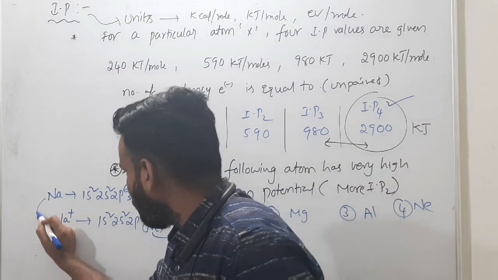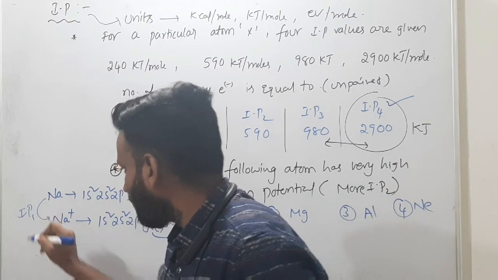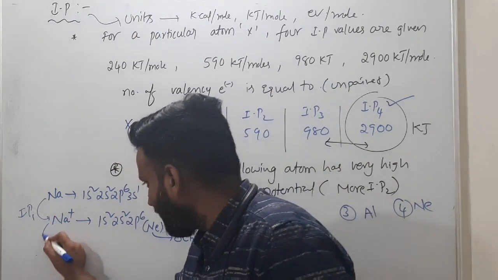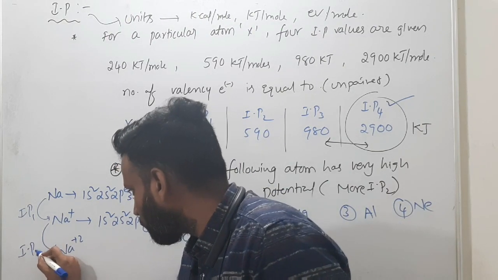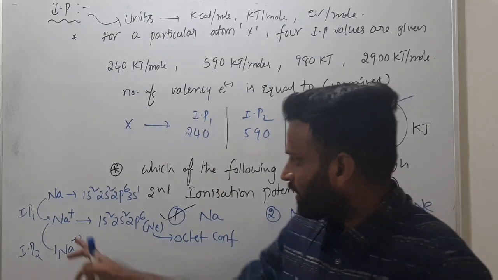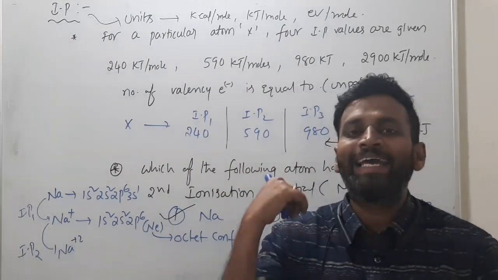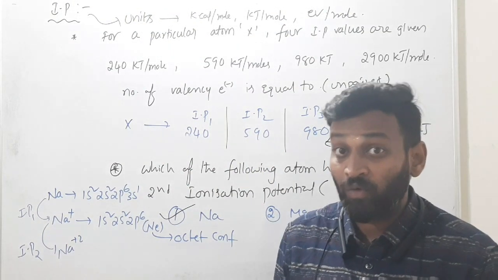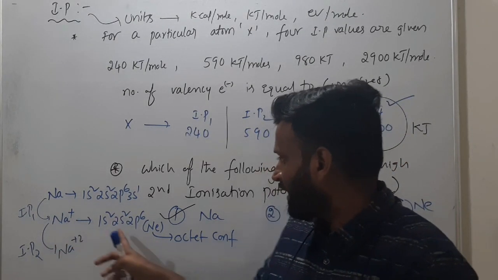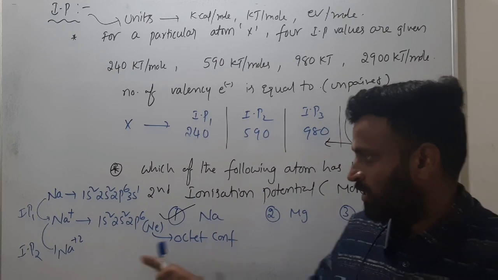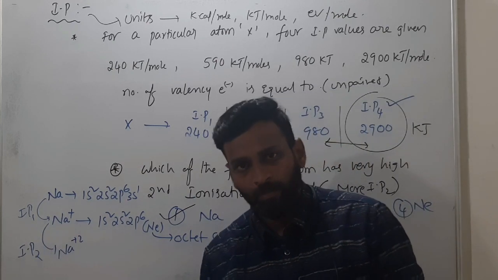So Na to Na plus is IP1, correct? But Na plus to Na2 plus is IP2, and that is highly difficult. What is the reason, sir? Because this Na plus has octet configuration, so IP2 is very high.